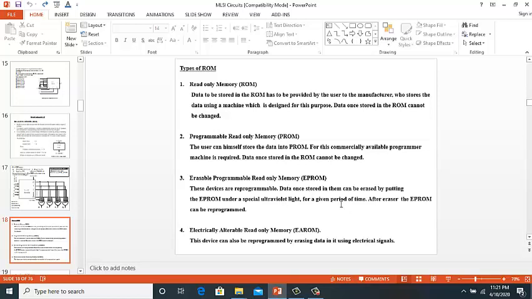The previous data can be erased by putting this EPROM under a special ultraviolet light for a given period of time, maybe 25 minutes, 30 minutes.